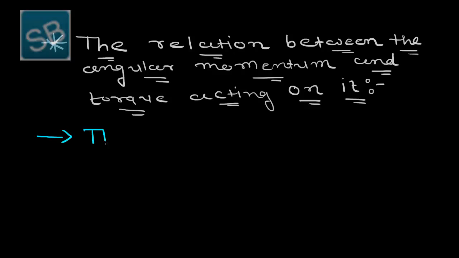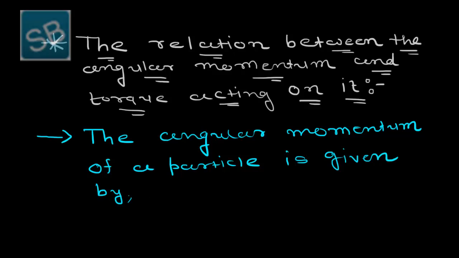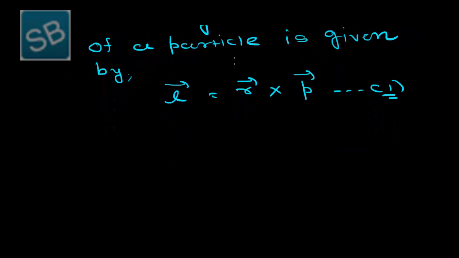So first of all, the angular momentum of a particle is given by vector L is equal to vector R cross vector P. So that is our equation 1 for this analysis. Now let's differentiate this equation with respect to time.